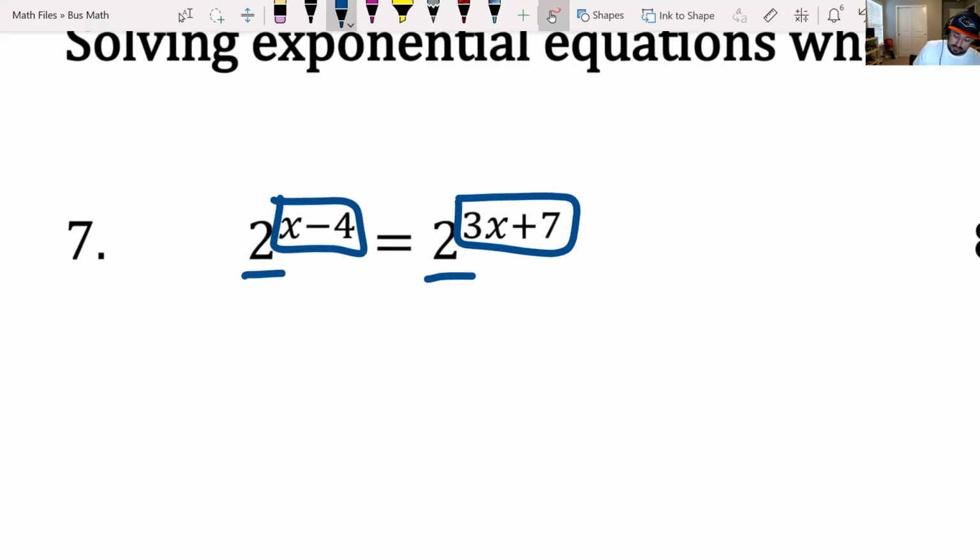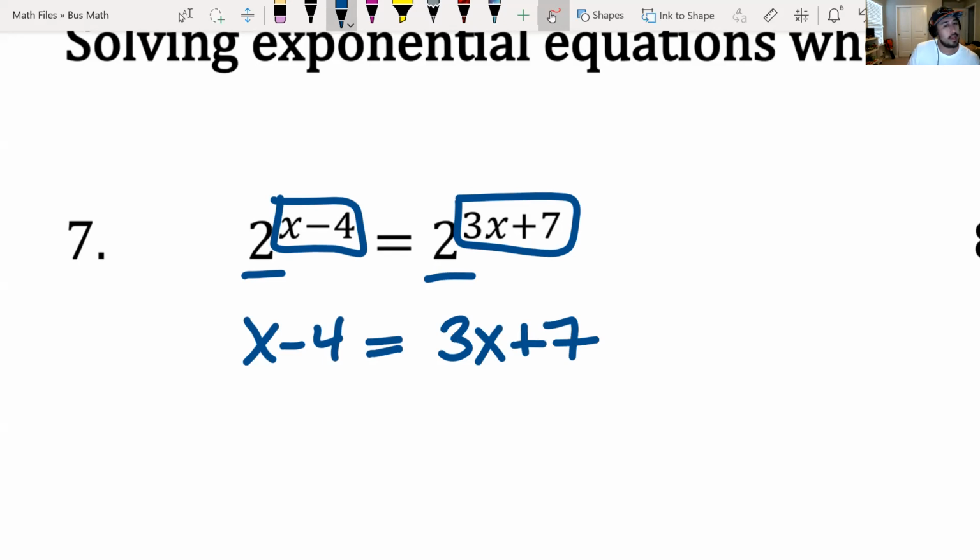So I come down here and I have x minus 4 equal to 3x plus 7. And all I have to do is solve for x. So let's say minus 3x, plus 4 plus 4.